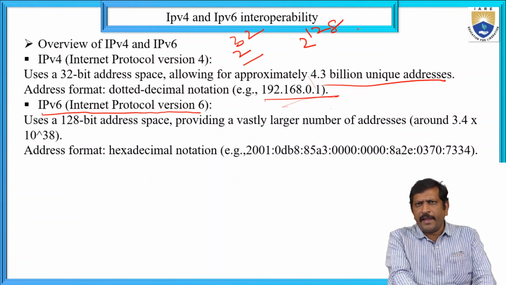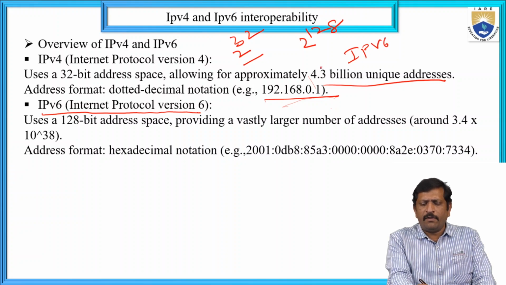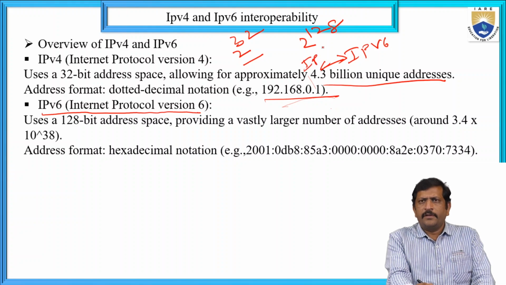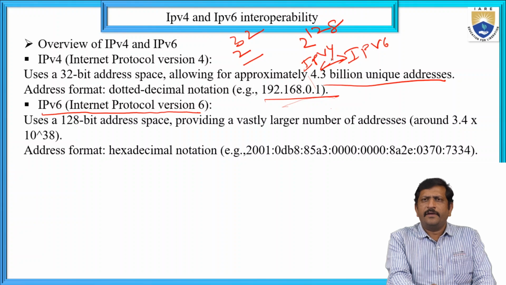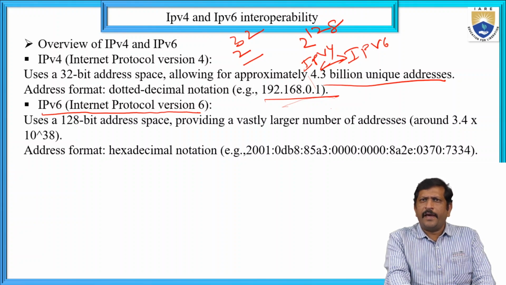IPv6 is an enhancement of IPv4. IPv4 is the existing one, and IPv6 is the enhancement.